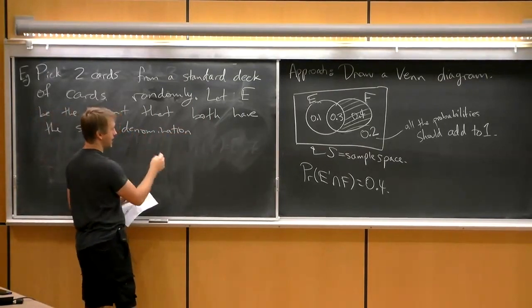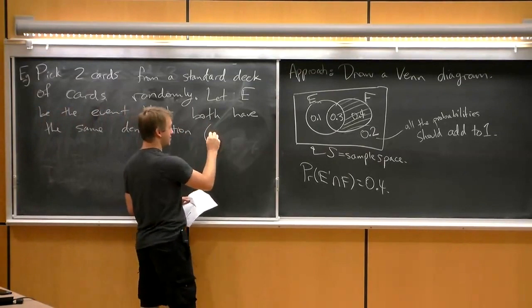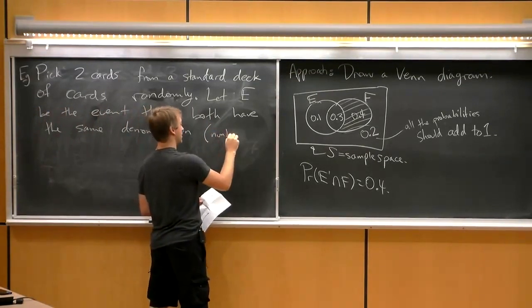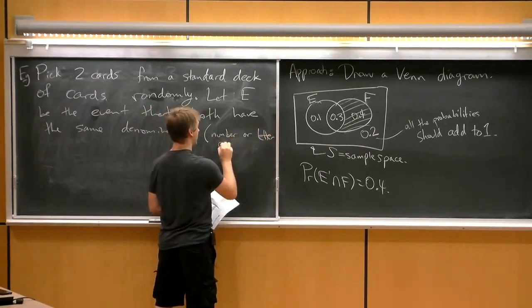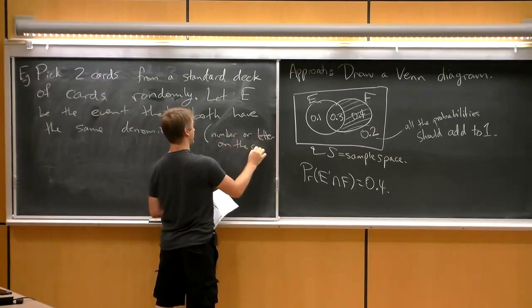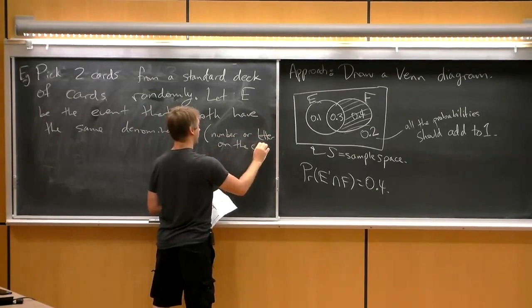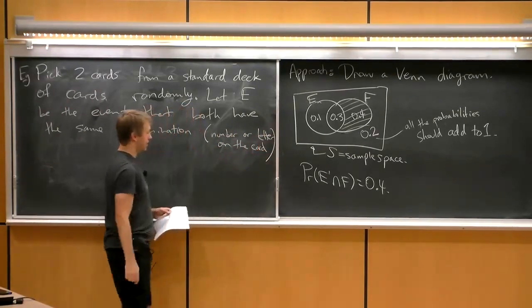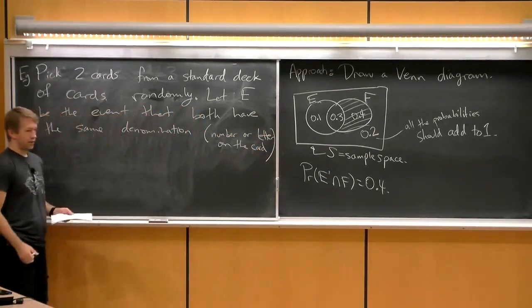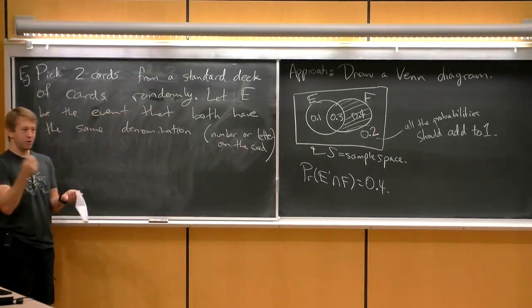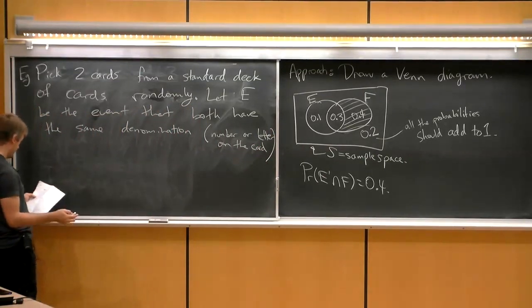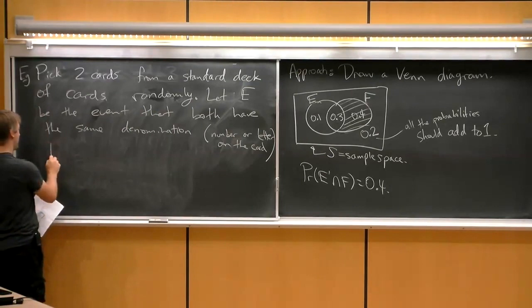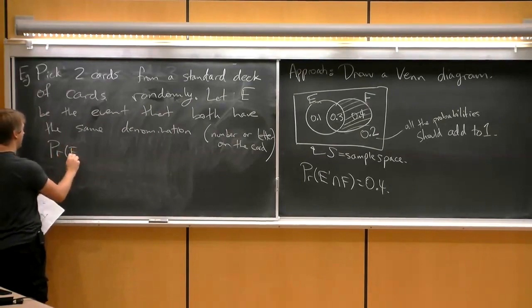When I say denomination, I just mean the number or letter on the card. I just mean you pick up two twos or two aces or two kings, whatever it is. And so what is the probability of E?